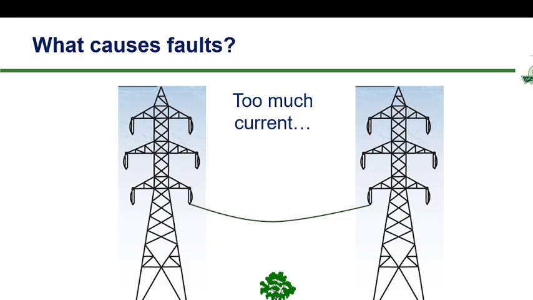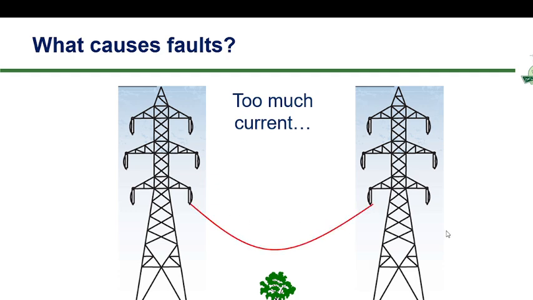This slide illustrates another common cause of faults in power systems: excessive current. When too much current flows through a transmission line, it will generate excessive heat, causing the conductors to expand and sag. As shown in this figure, this increased sag can reduce the clearance between the line and nearby objects such as trees.